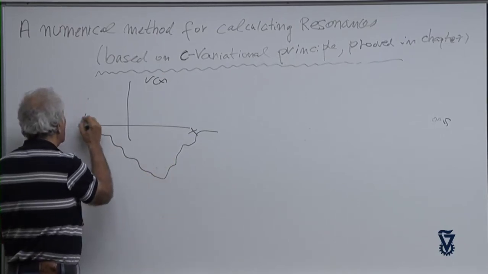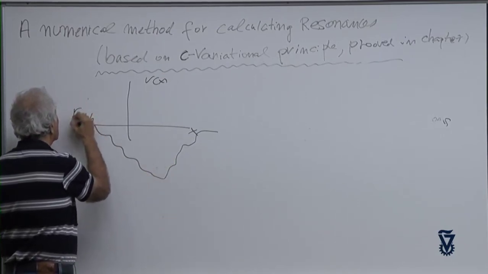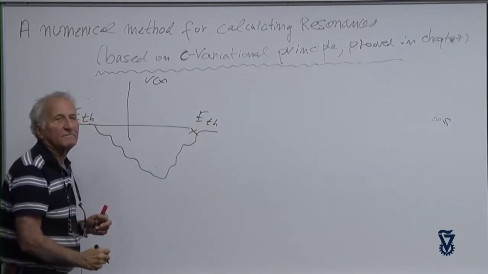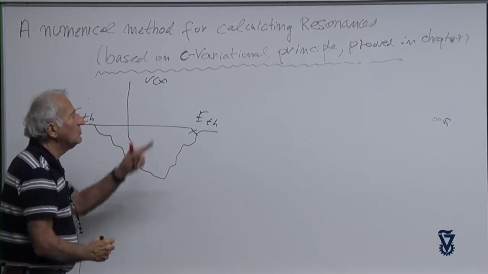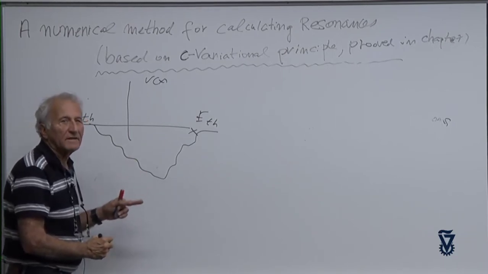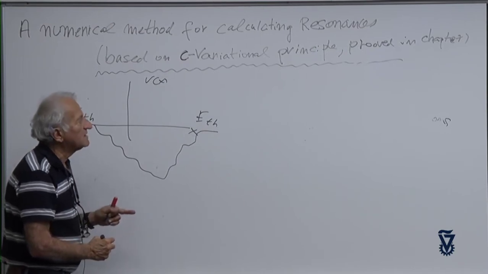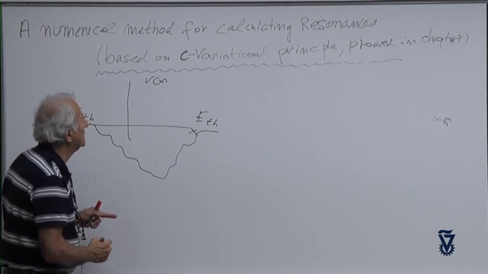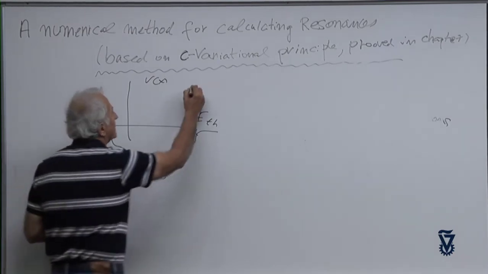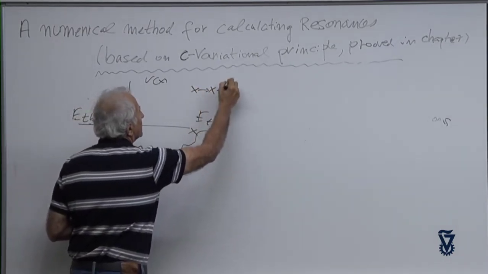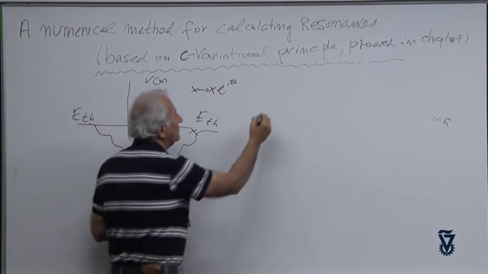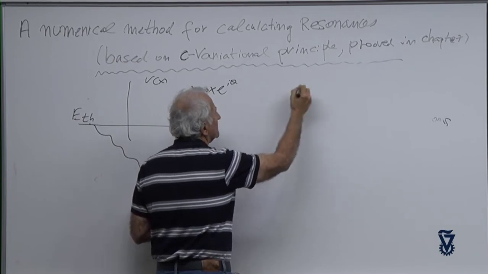And here we have threshold energy, and here we have threshold energy, which is exactly the same. And if you do what I said, and scale the coordinates by an exponent, if you take x to be x e to the i theta, then the spectrum that you will find in this numerical calculation is the following.